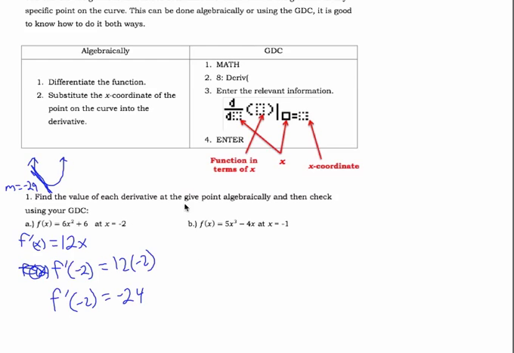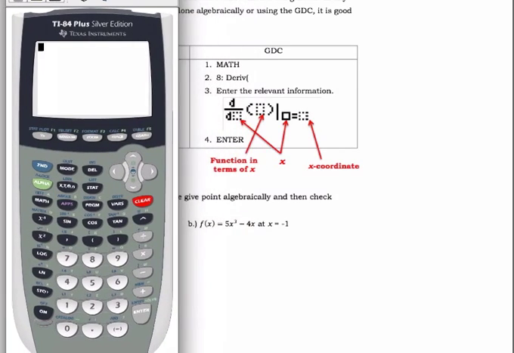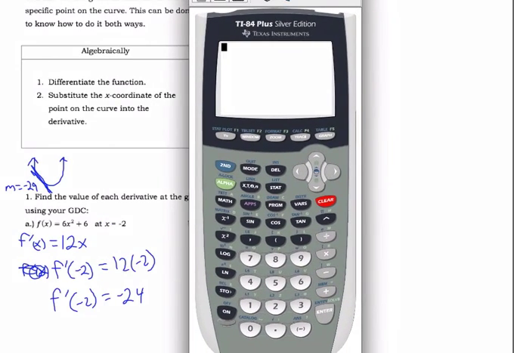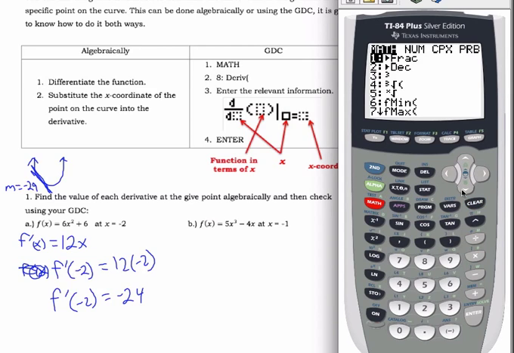Okay, so we're going to show that with our calculator right now. So on your calculator, we're going to use this function. So we go to math, and then if you scroll down, you'll see derive, or if you just press number 8, you'll get this derivative function right here.